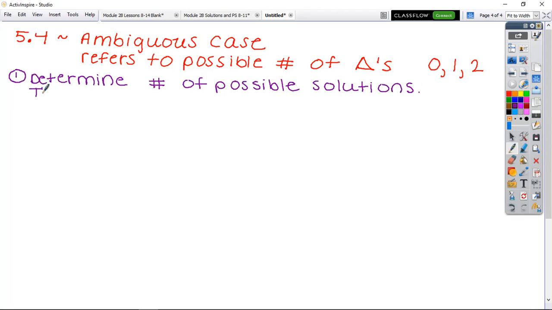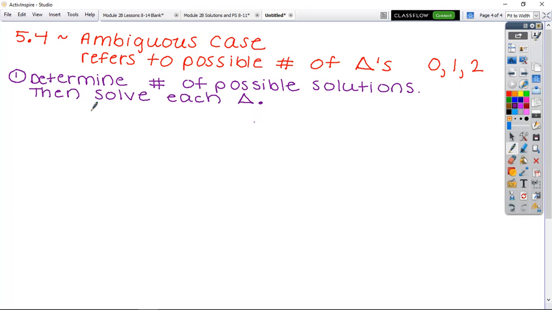And then solve each triangle, so solve all the way through. When you solve a triangle, you are going to need the 3 angles and the 3 corresponding sides. Okay, so here's your information.